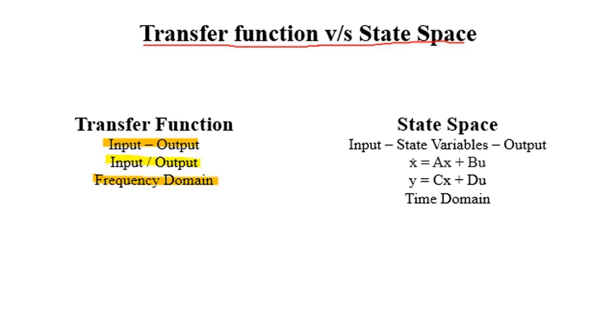It helps us to analyze a system in the frequency domain, whereas state space involves input, output, and state variables, and it is represented by state equation and output equation. In this, we analyze a system in the time domain.